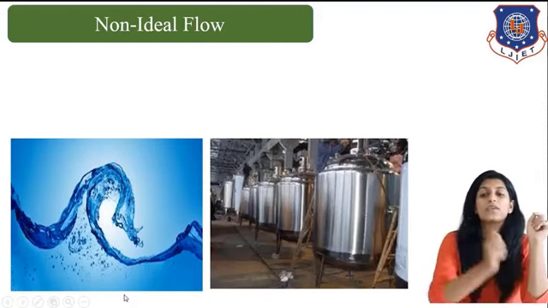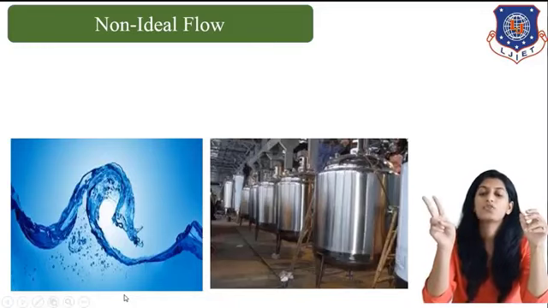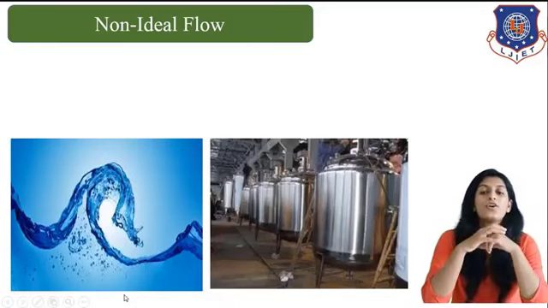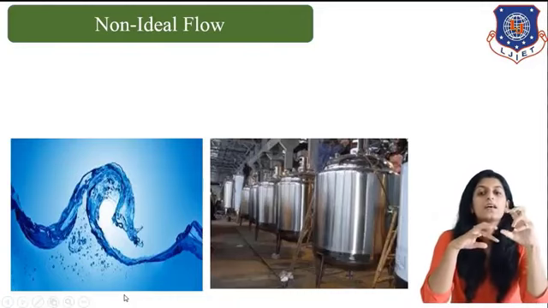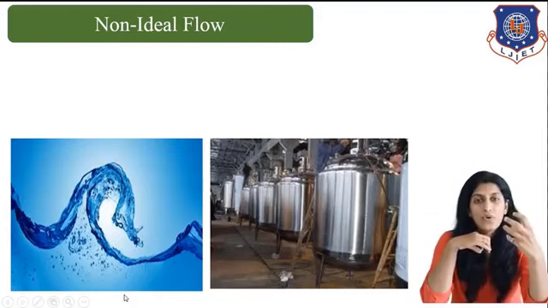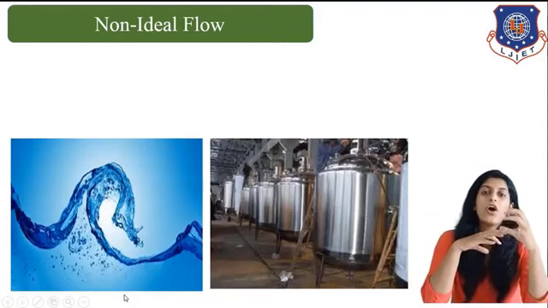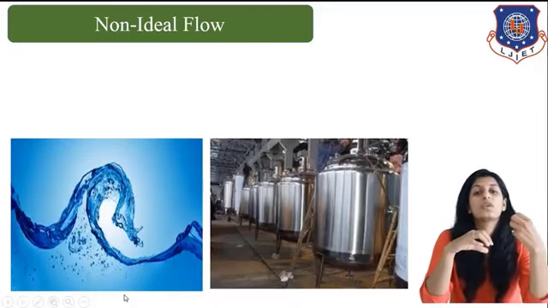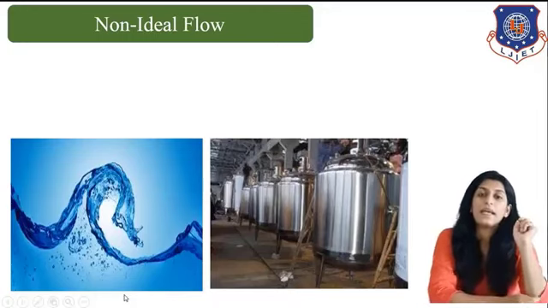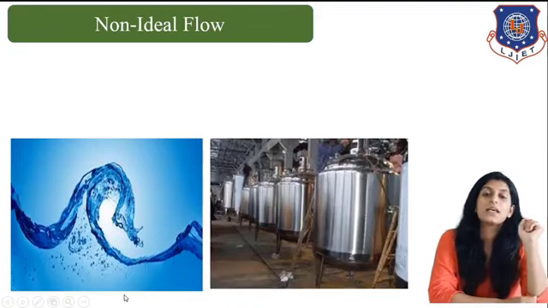In this particular slide, you can see two pictures. One is a fluid and another is a reactor. What does it depict? It basically depicts the behavior of fluid inside any reactor, or how an industrial reactor actually works. In industries, there are reactors and we are dealing with different types of fluid to get our desired product.